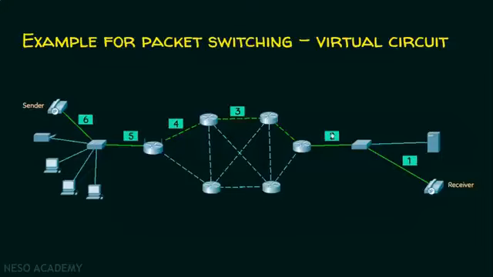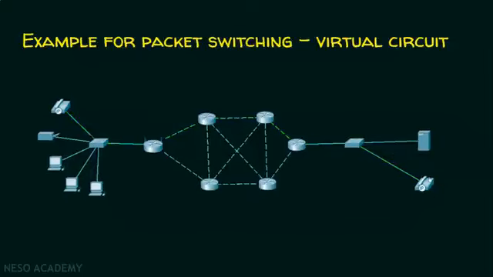So packets 1, 2, 3, 4, 5 and 6 are all traveling on this route only. After the data transfer process is over, this connection gets terminated. If the same two computers or nodes want to exchange data, we can't guarantee that the same route will be taken for the next data transfer also. The route will be decided based on availability.